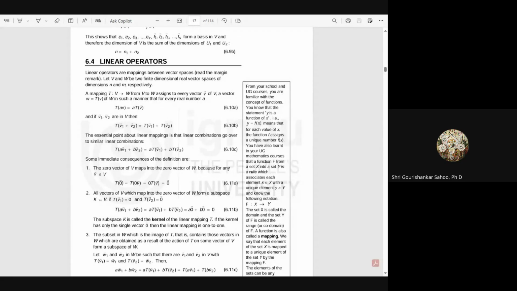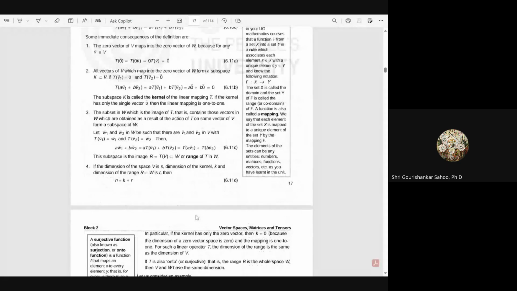Linear operators are mappings between vector spaces. If V and W are two finite dimensional vector spaces of dimension n and m respectively, the mapping T from V to W assigns to every vector v of V a vector w, which is T of v, in such a manner that for every real number a, T(av) is equal to aT(v).